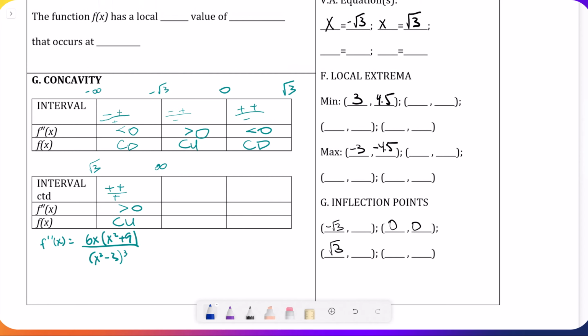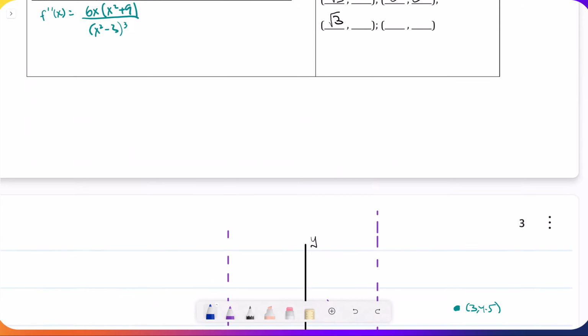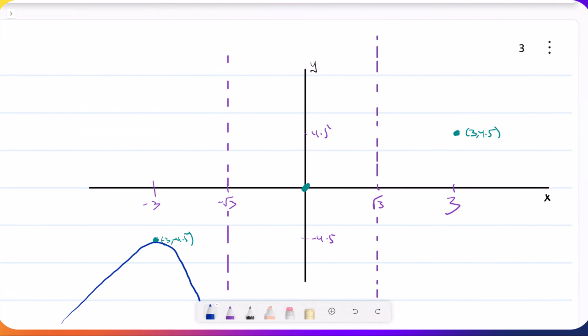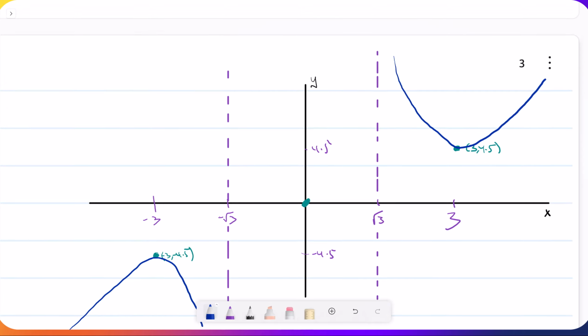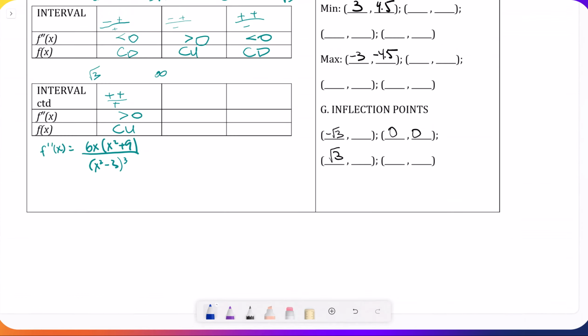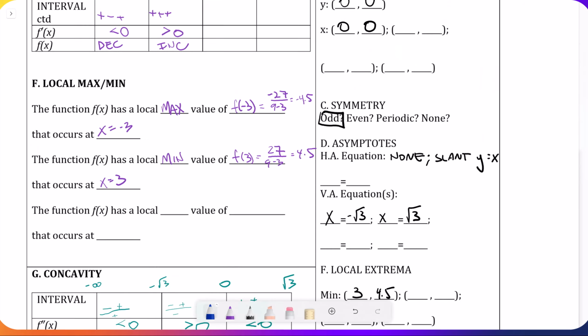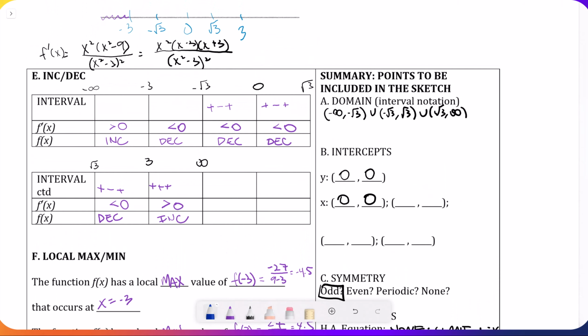Then I'm concave up from radical 3 to infinity. Now, why am I doing that part now? I'm doing that part because I know it's odd, and so I know the left will mirror the right. Okay, from there, what's happening from negative radical 3 to radical 3?